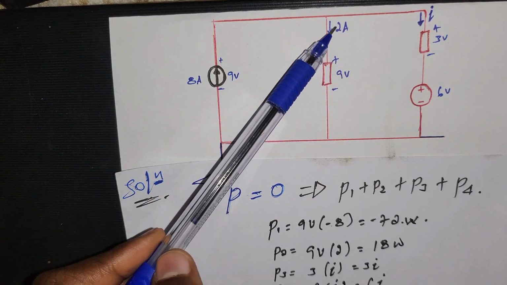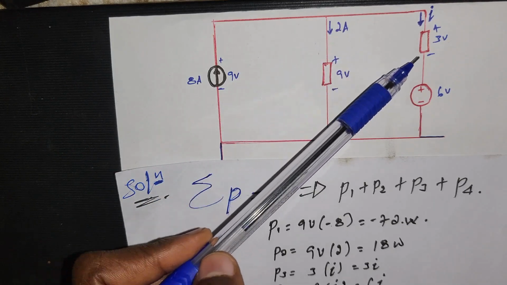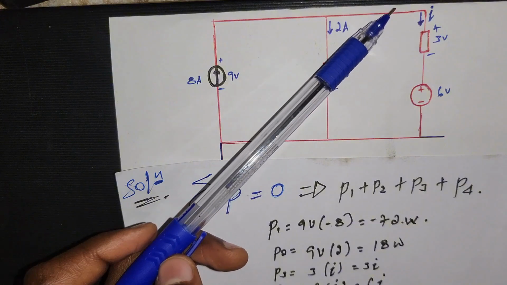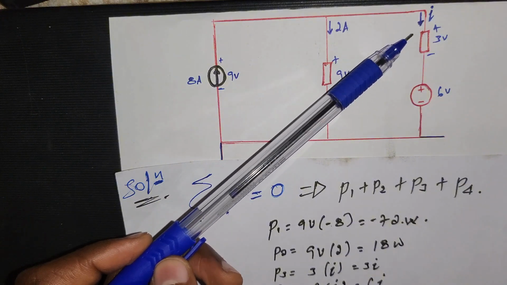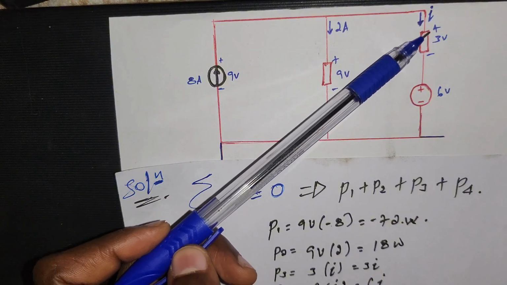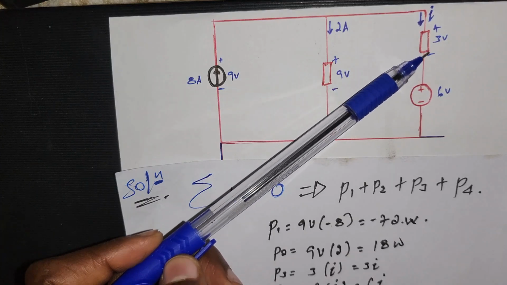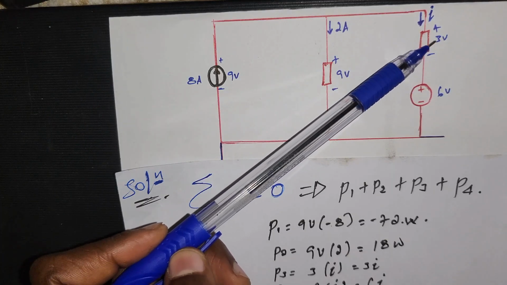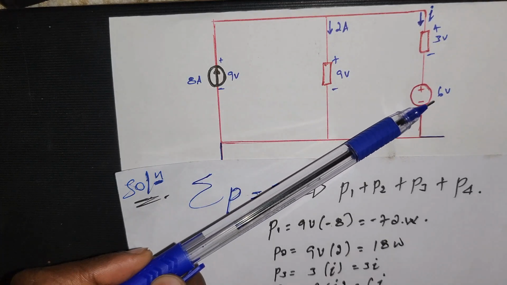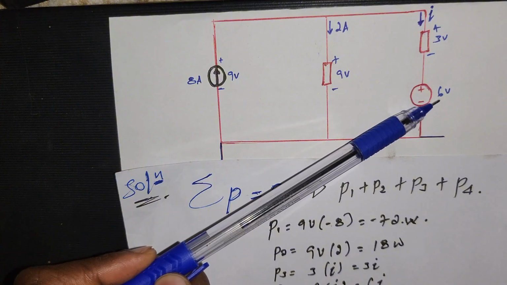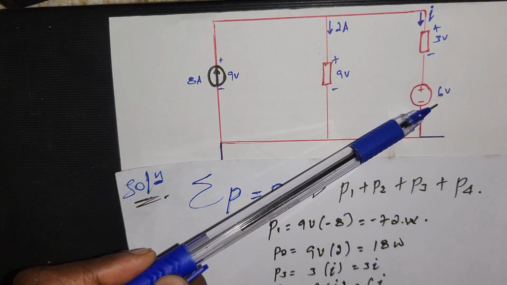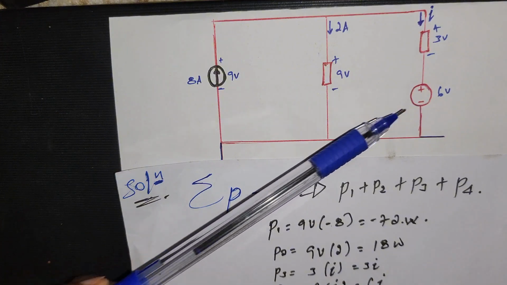P2 is 9 volt and 2 ampere. For P3, the current is given by I, and the potential difference across the component is 3 volt. And this source is a constant independent supply of 6 volt.